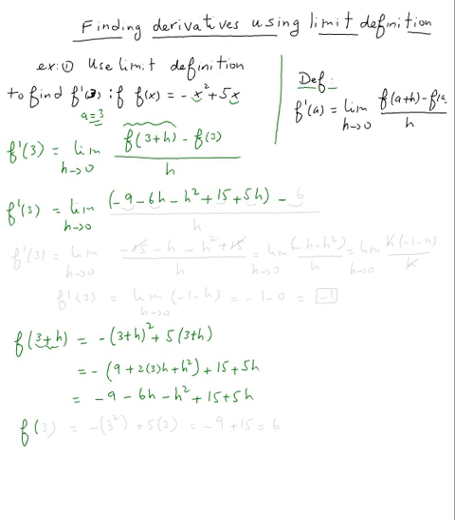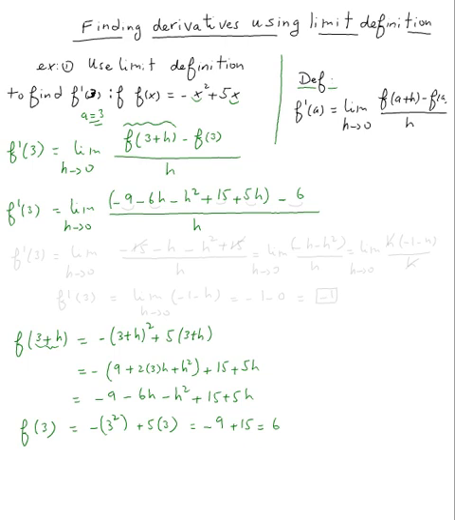Let's do f of 3. Right here, f of 3 means plug in 3 into the function. So this is going to be minus x squared becomes minus 3 squared plus 5 times 3, which is minus 9 plus 15, which is 6. So I'm going to go back here and write 6, and then I want all of this divided by h.